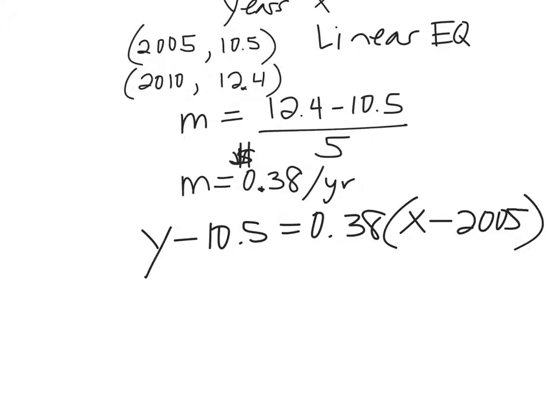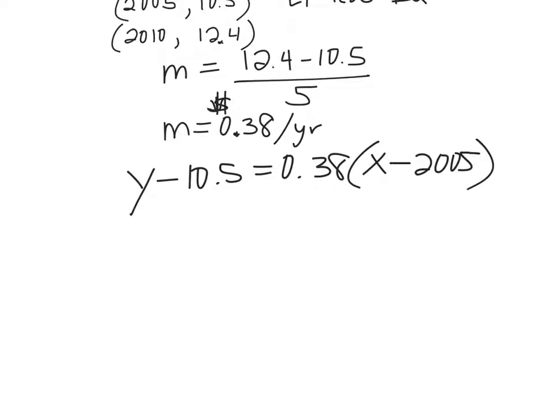Now, did they say which form they wanted it in? No. You can leave it like that. They usually want it in slope-intercept form. Okay, so let's do that. So we'll go y minus 10.5 equals, and we'll distribute. So we'll go 0.38 times 2005. Real life problems, they get a little ugly, don't they?